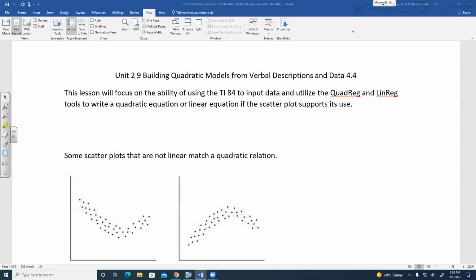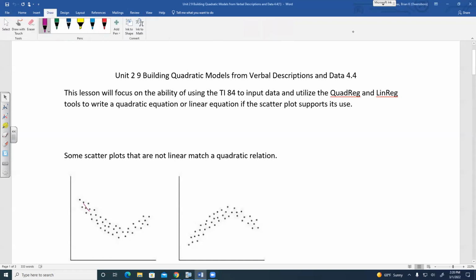So as I said, we had some data that was linear, and then we have some data that's not linear, but they also could be classified as quadratic. If you see these sets of ordered pairs here, notice how they do kind of make a U shape. So it looks like there could be a parabola drawn through the middle of the data that could be used as a predictor of certain events going on.